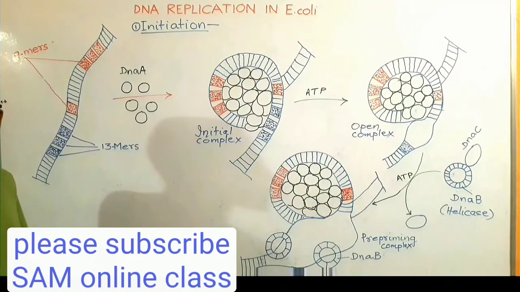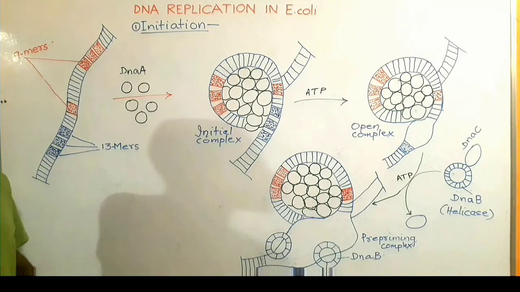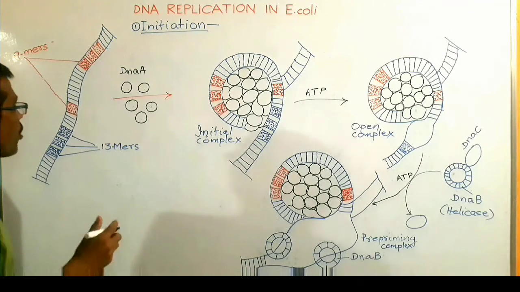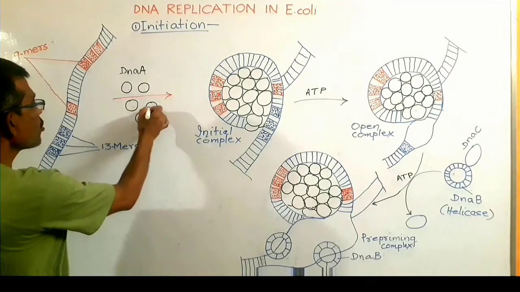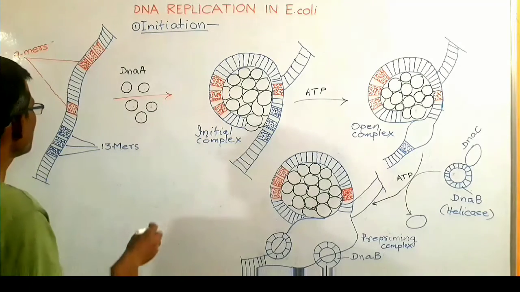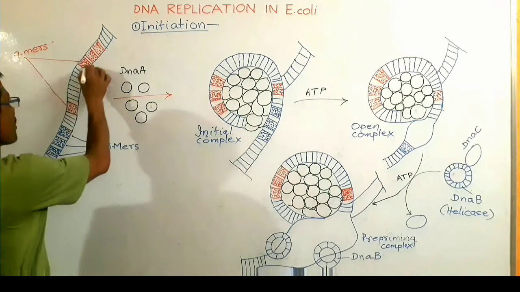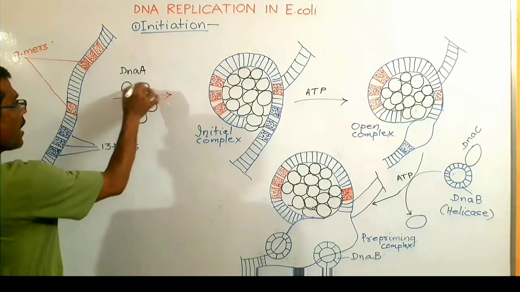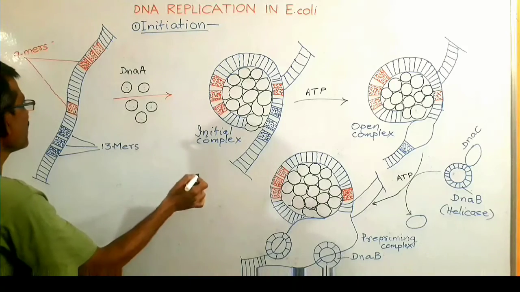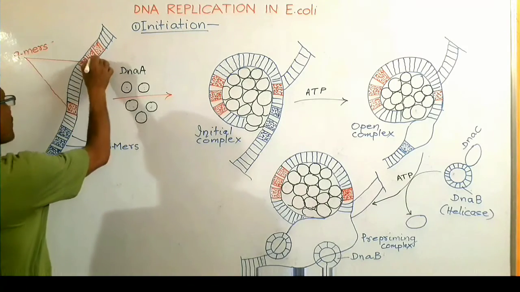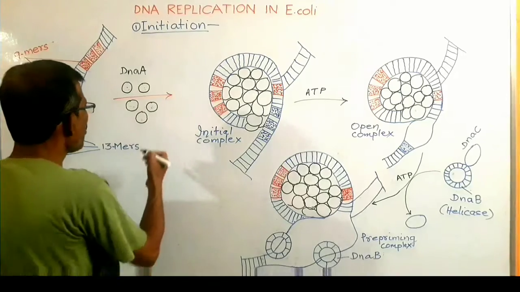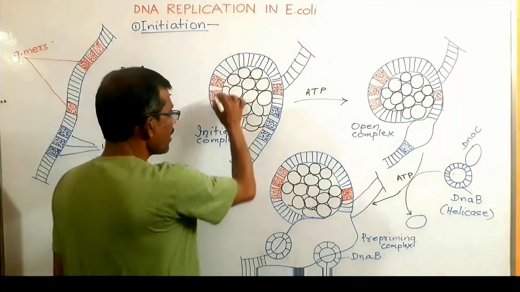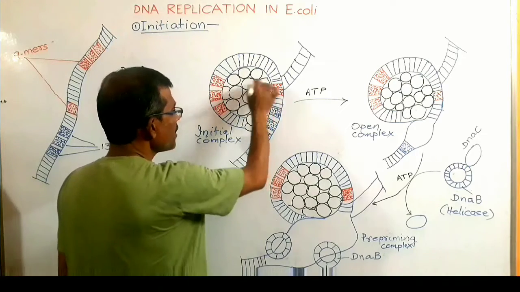So, how is the process of DNA replication initiated in E. coli? About 20 molecules of DnaA protein along with ATP bind with the 9-mer repeats. The binding of DnaA protein causes the DNA to wrap around these DnaA proteins.